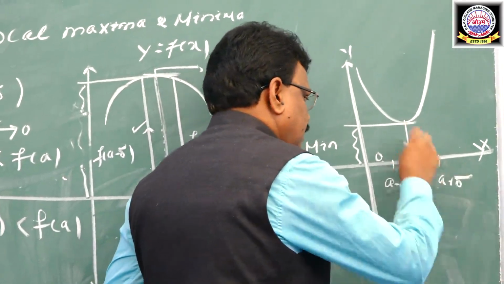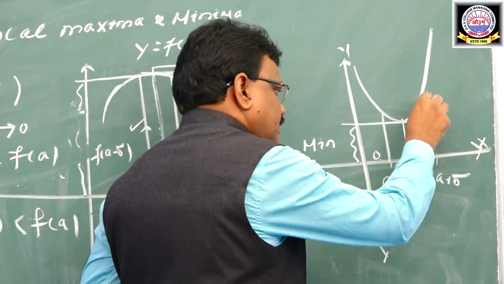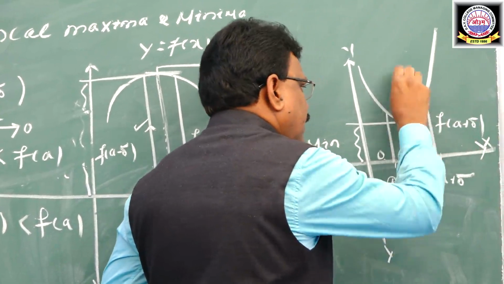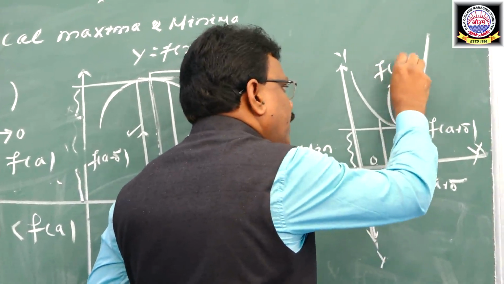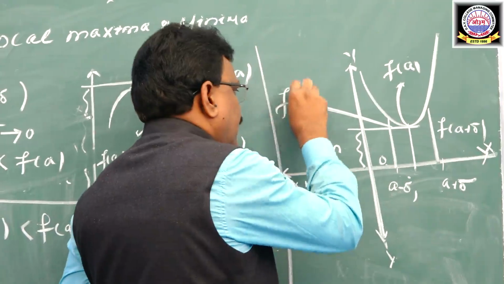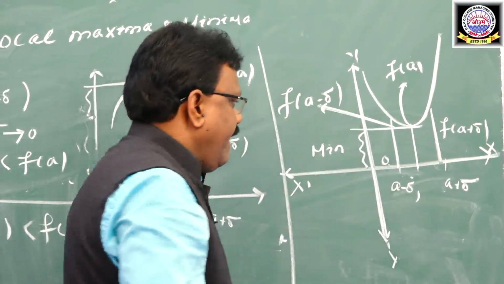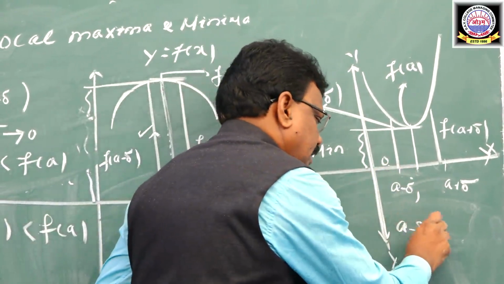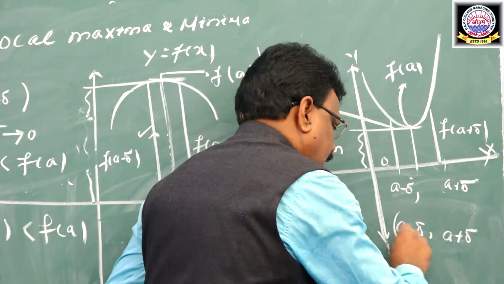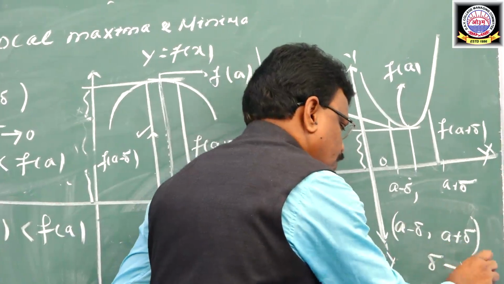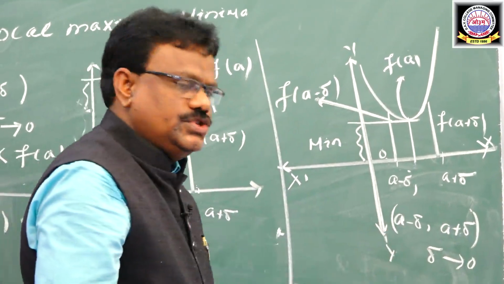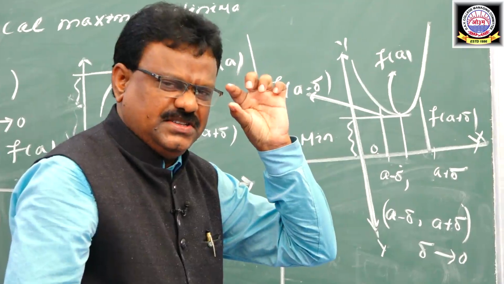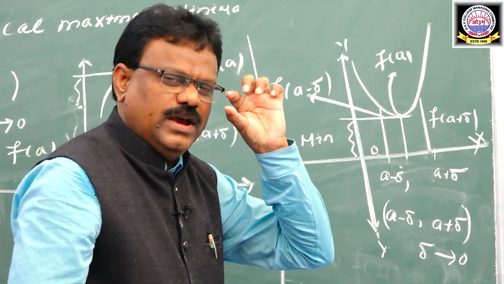This will be the value f of A minus delta, this is f of A plus delta, this value is f of A. The same way, within this interval A minus delta and A plus delta, provided delta tends to 0, from this point to this point there is a very, very small distance, and that interval is called the local interval.